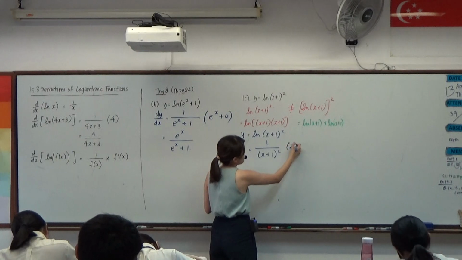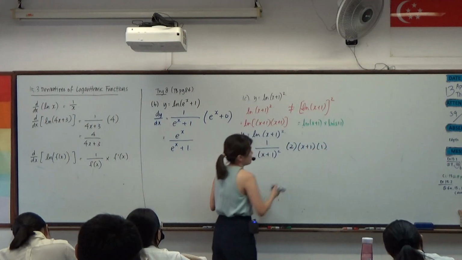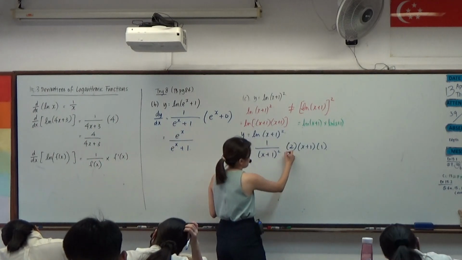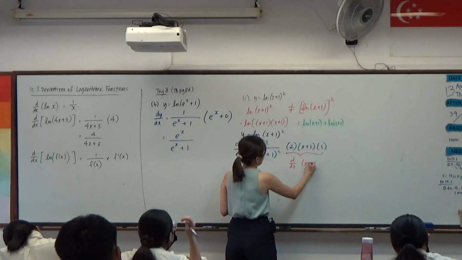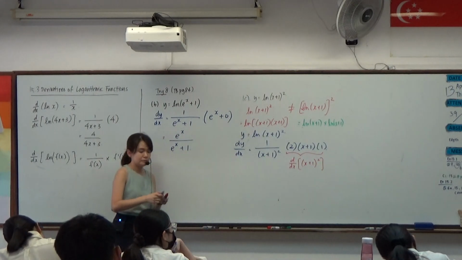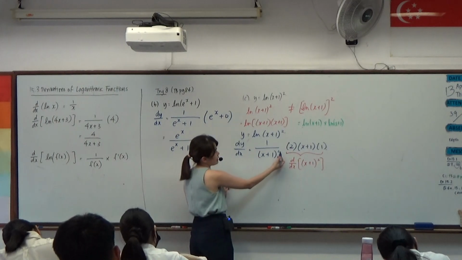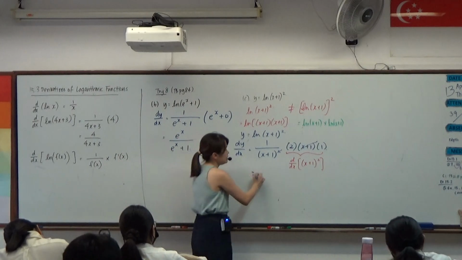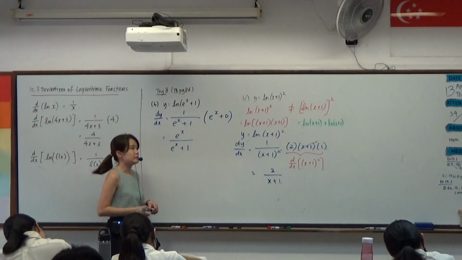Okay, that will be bring down the 2 times x plus 1 power minus 1 differentiate x plus 1. Okay? So this part here is your differentiation of x plus 1 squared. Right? So they're all multiplying each other, so I can cancel out one of the x plus 1. Okay, so I will have 2 over x plus 1. So this is one way.